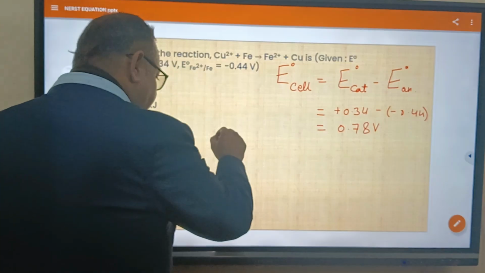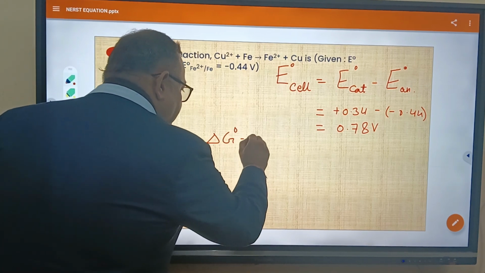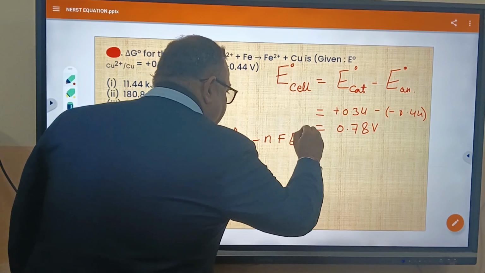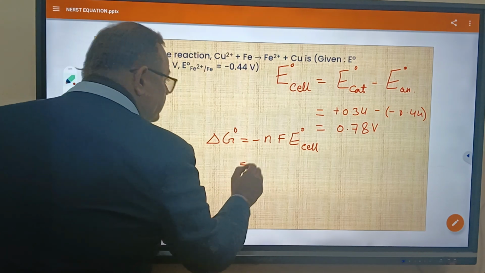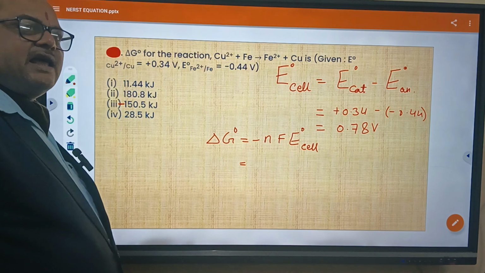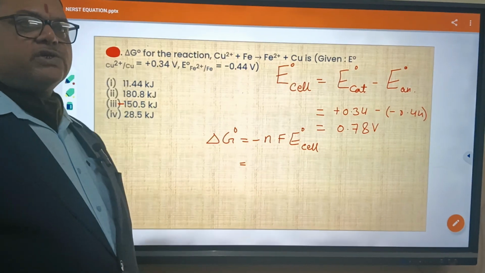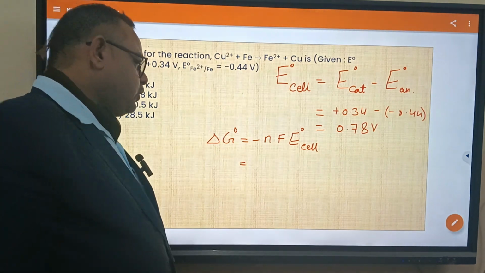Further, we apply delta G naught is equal to minus nF E naught cell. Now, for the given reaction, both copper and iron are having the same oxidation state, so we need not balance the equation separately. We have to put the value as 2 only.